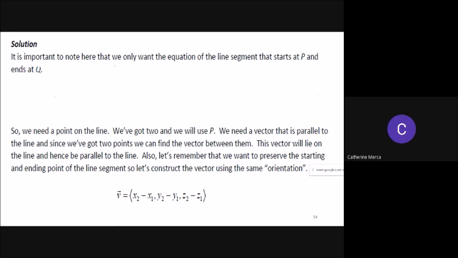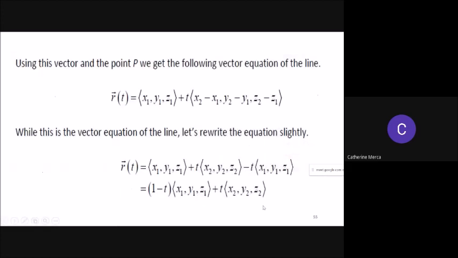So we can construct the following using the same orientation. Using the point P and that one, you have a point P on the line, then a t, and then this vector here. So you can rewrite it exactly as such. You can distribute the t and that one, so you come up with this.